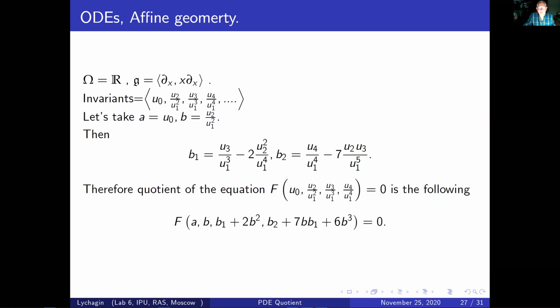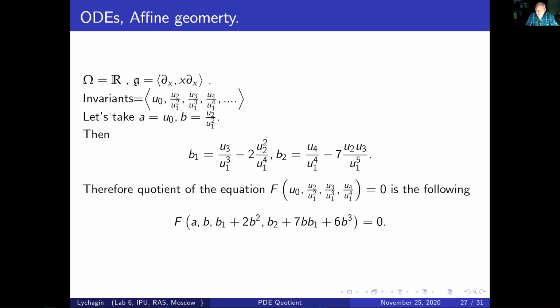No, it was not you. Okay. Yeah, so this is the case that we discussed. It's affine transformations of the line. This is invariance. And this is our choice of literacy parameter. So we take A to be equal to 0 and B equal, this is the second invariant, Q2 divided by U1 square. So it's easy to find these derivatives.